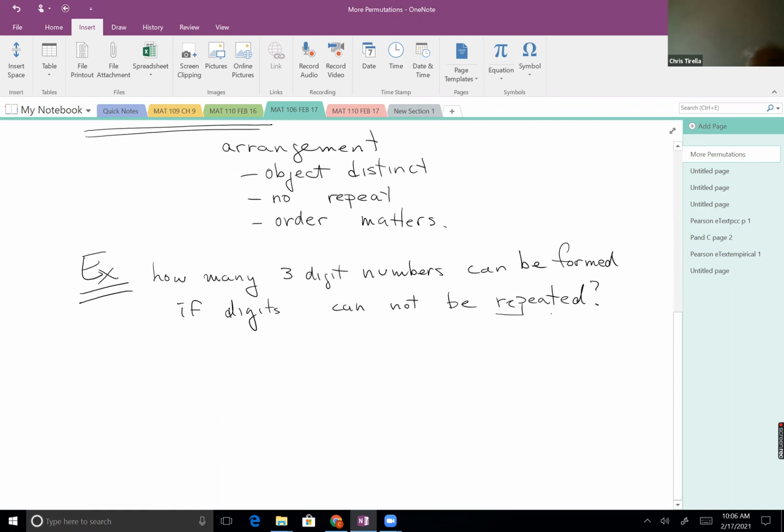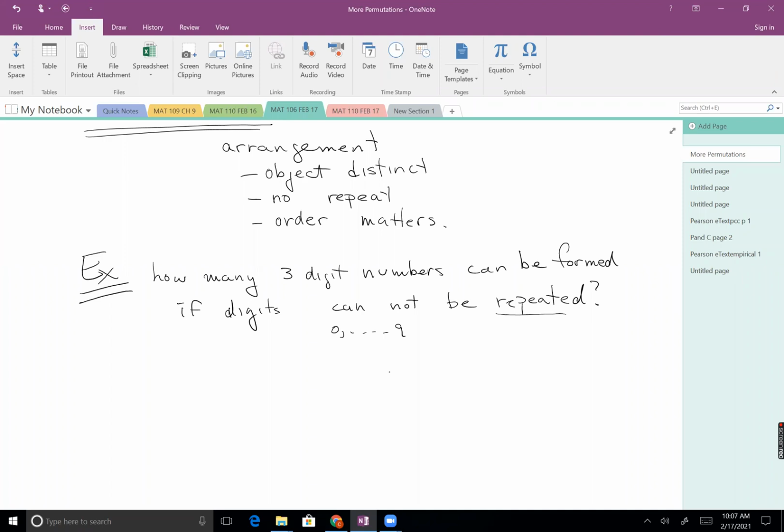Because digits cannot be repeated, and our digits 0 through 9 are all different, we've got to decide, does order matter? When I make a 3-digit number, does the order in which I put those digits in make a difference? Yes, because order matters.